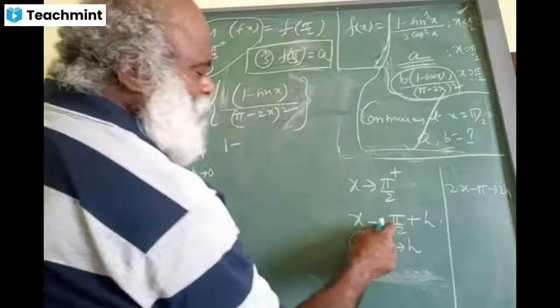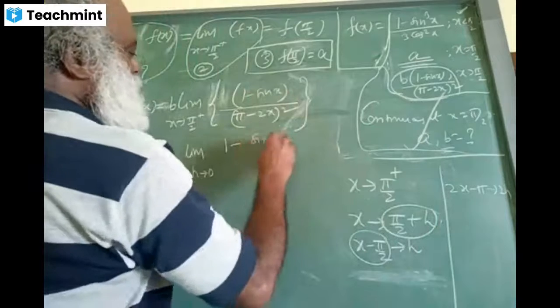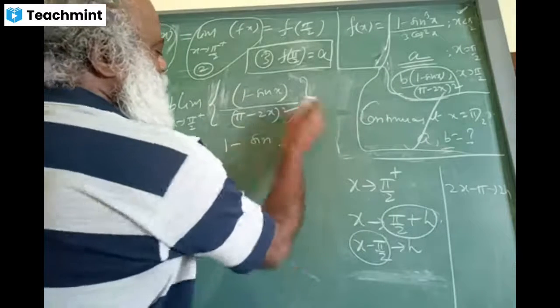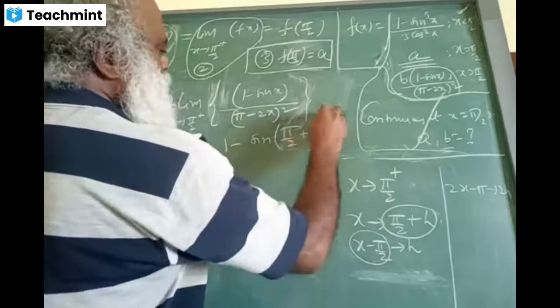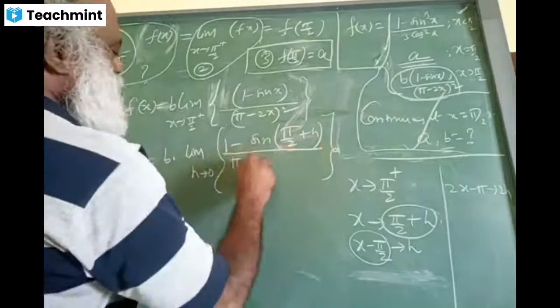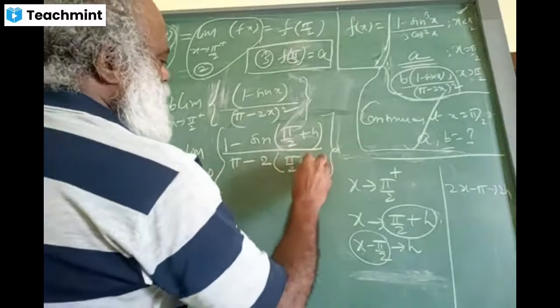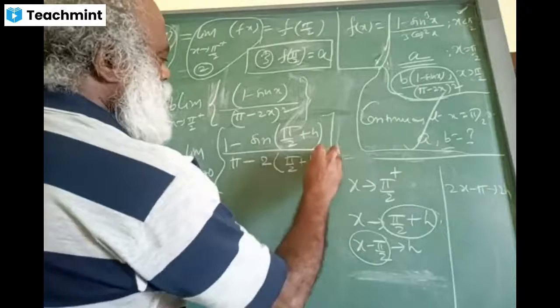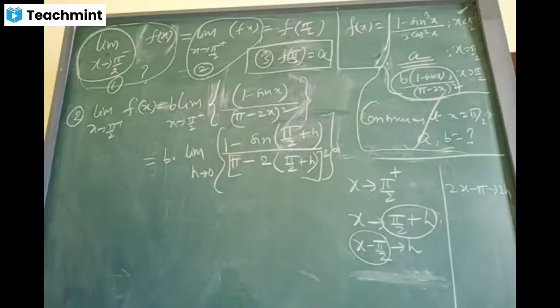Now x, what can I write? Pi by 2 plus h. x I can write as sin of pi by 2 plus h. Suddenly we are changing the formula here. Okay? Right. Pi minus 2 into pi by 2 plus h, whole square. Whole square. This is how beautiful it is.